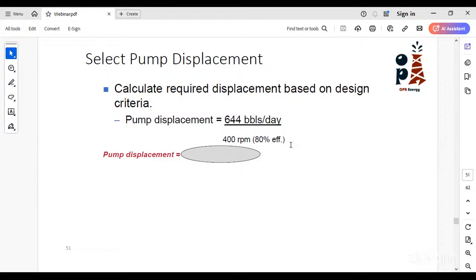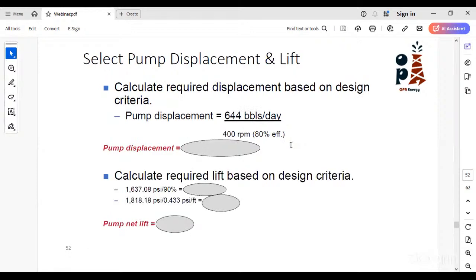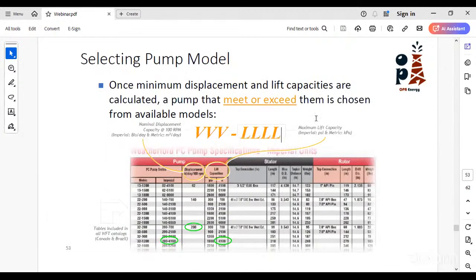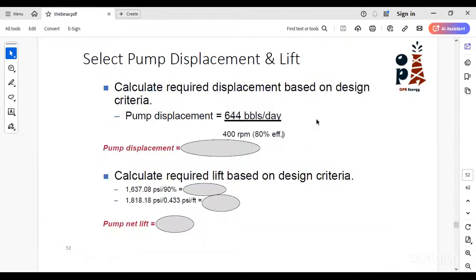So after that, this gives you the minimum capacity of the pump that you require. It can give us around 200 barrels per day. The pump displacement gives us 200 barrels per day.